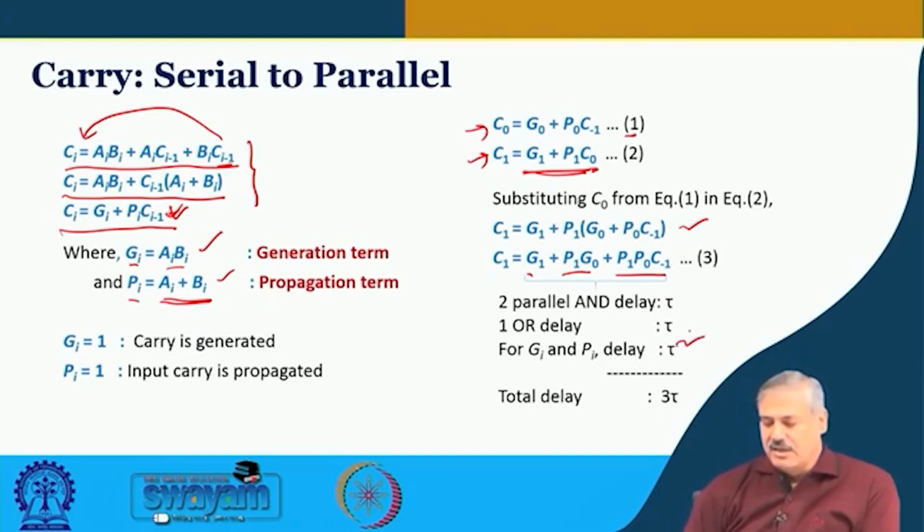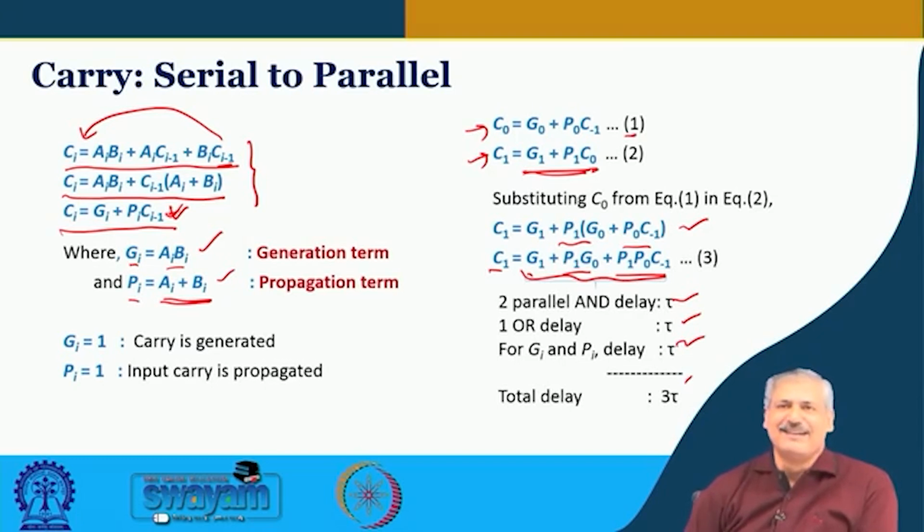This is one AND gate, this is one AND gate, 2-input and 3-input AND gates. So, they are generating output in 1 tau, and finally, this is ORed, that is 1 tau. So, after 3 tau we get the value of C 1. Earlier using ripple carry mode, what was the time required for C 1? It was 4 tau. Okay. So, there is some benefit.